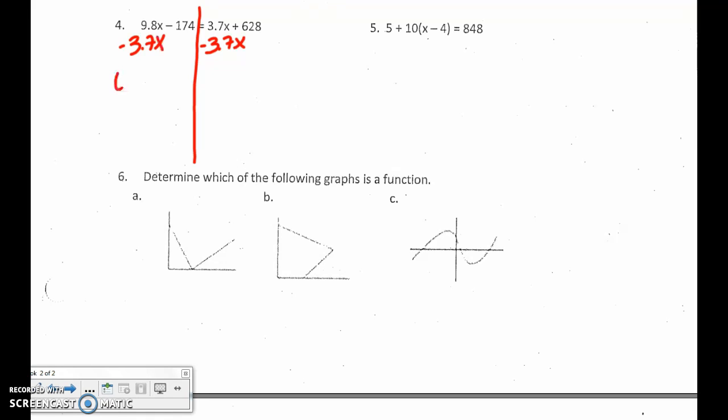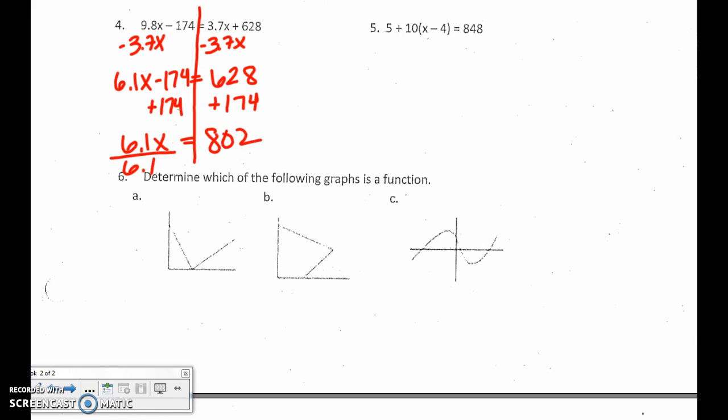So I get 6.1x minus 174 equals 628. Then it's a two-step equation. I'm going to add 174 to both sides. So I get 6.1x equals 802. Divide by 6.1. So x ends up being 131.48 approximately.